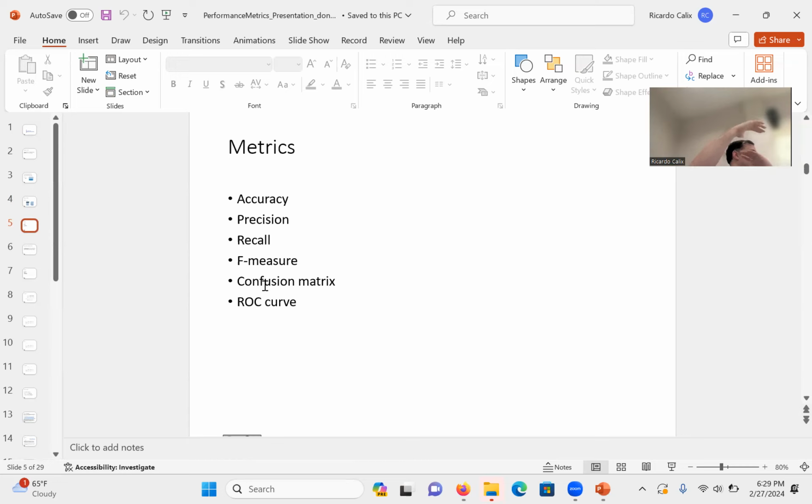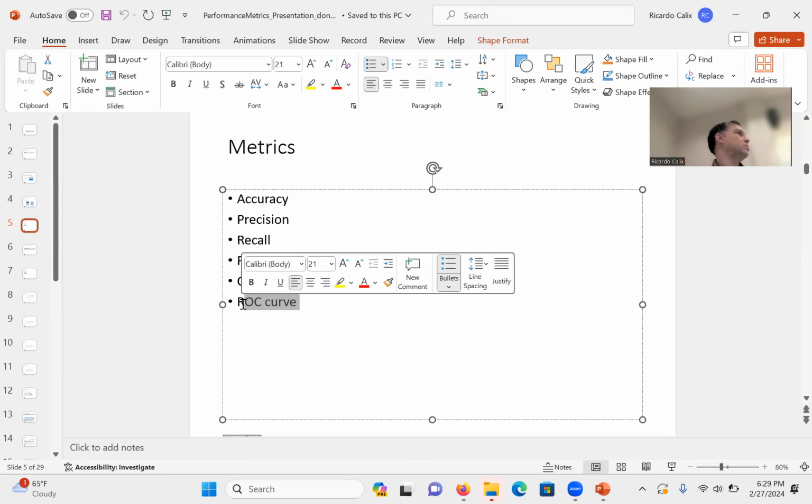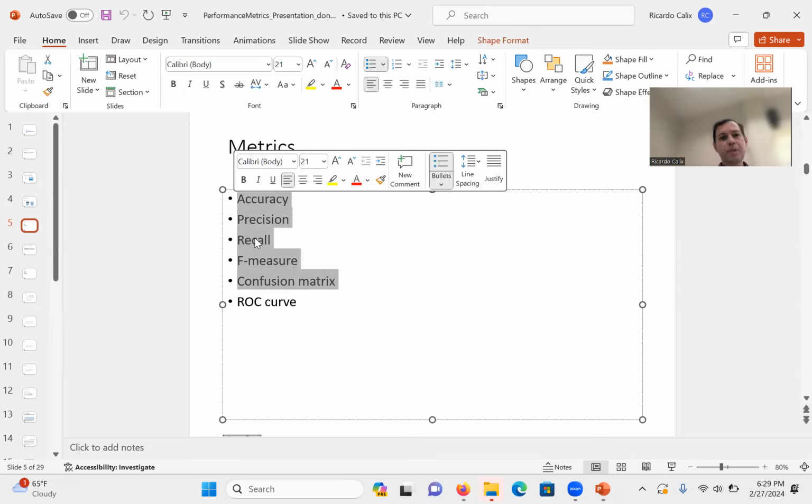They're all related, so this is what we're going to cover. The ROC curve is another metric that's available that I don't usually use. It's something we can explore, but you don't see it in that many papers, whereas these you do, and you have to understand how they work.